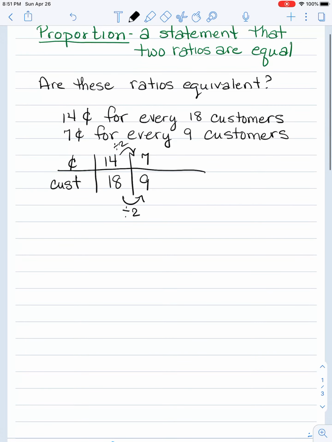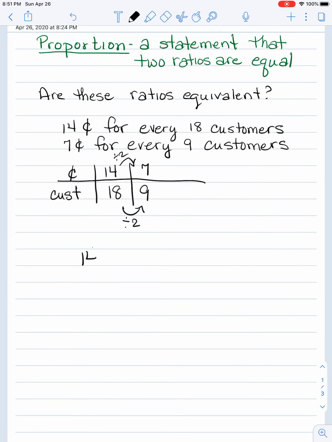But now we're going to look at it slightly differently. Instead of in a ratio table, we're going to look at this as fractions. And we're going to see, are these fractions equivalent? 14 cents for 18 customers, is that equal to 7 cents for 9 customers?